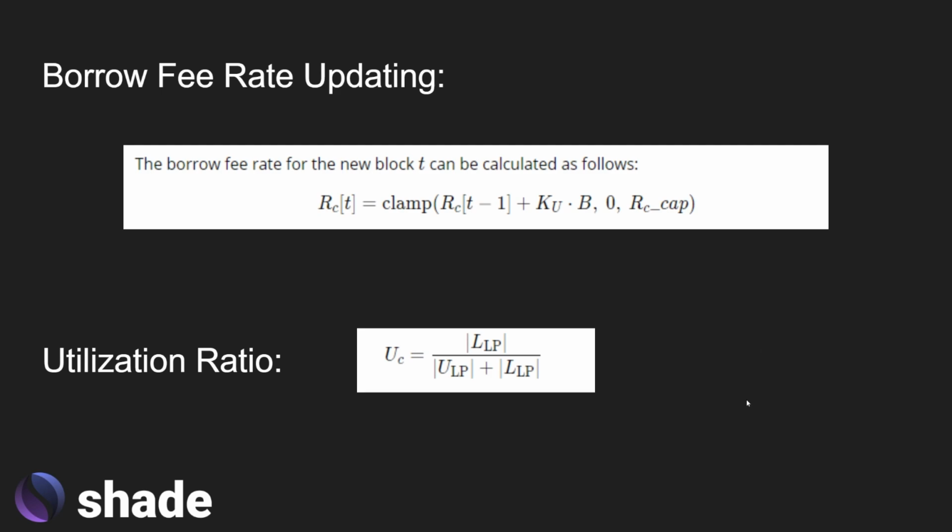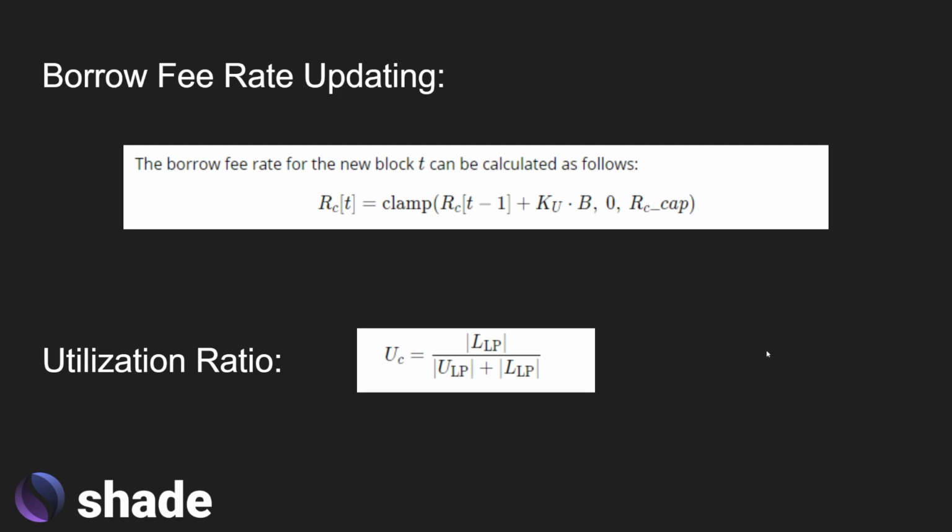So borrow rates for any given new block can be determined by adding the borrow fee rate of the last block, which is defined as RC over this time period minus 1. So you're looking at the rate of the previous block plus the product of the utilization ratio, sensitivity constant, and the market bias.